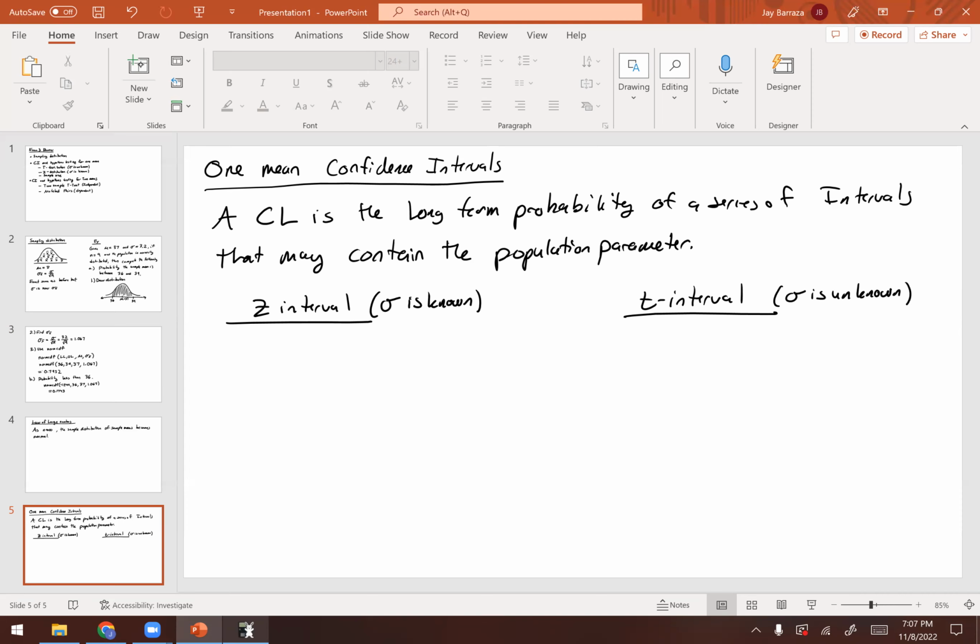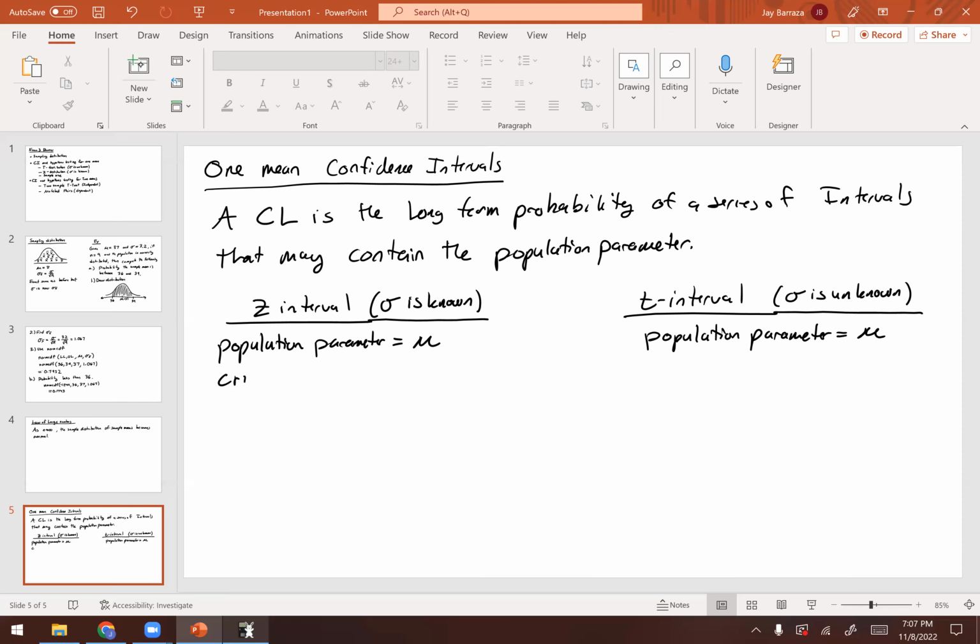Okay, sigma is known, sigma is unknown. Okay, so then the population parameter is equal to mu. I'll write that down for both. Okay, so they each have that population parameter.